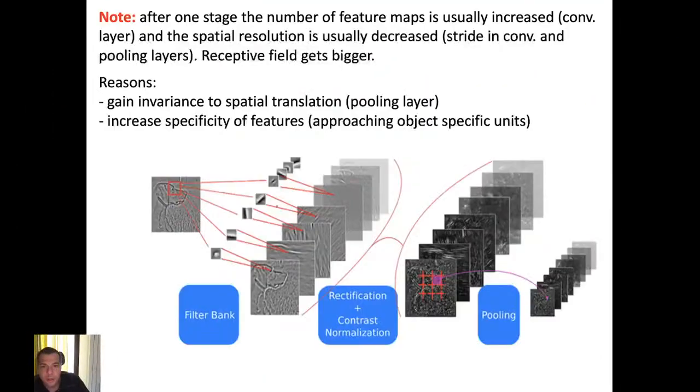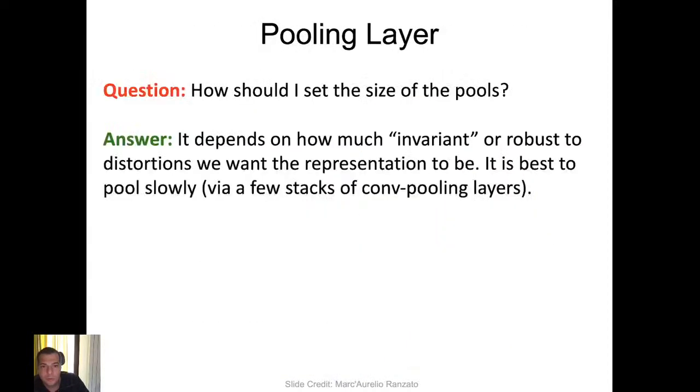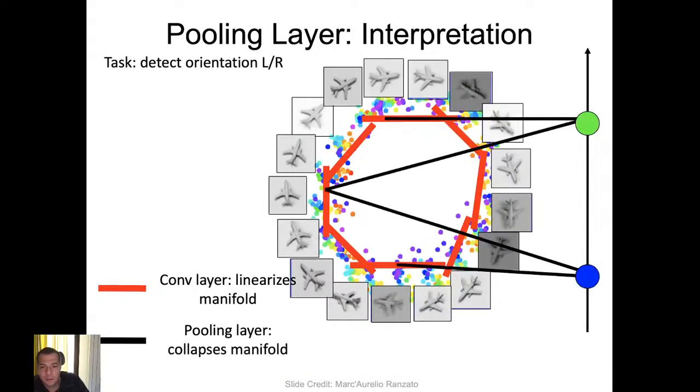Trying to go back to this slide. This is just an interpretation that the pooling layer collapses these linear manifolds into one manifold.